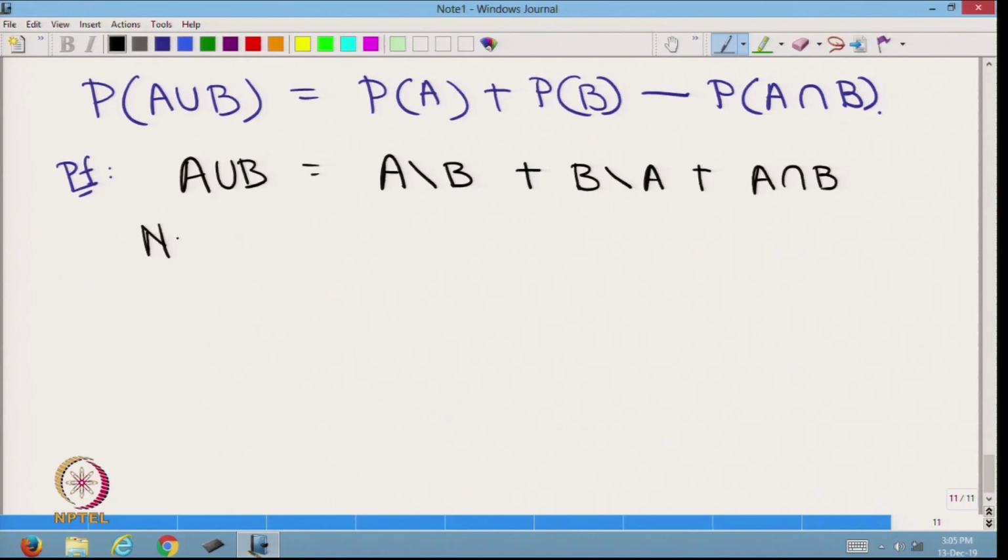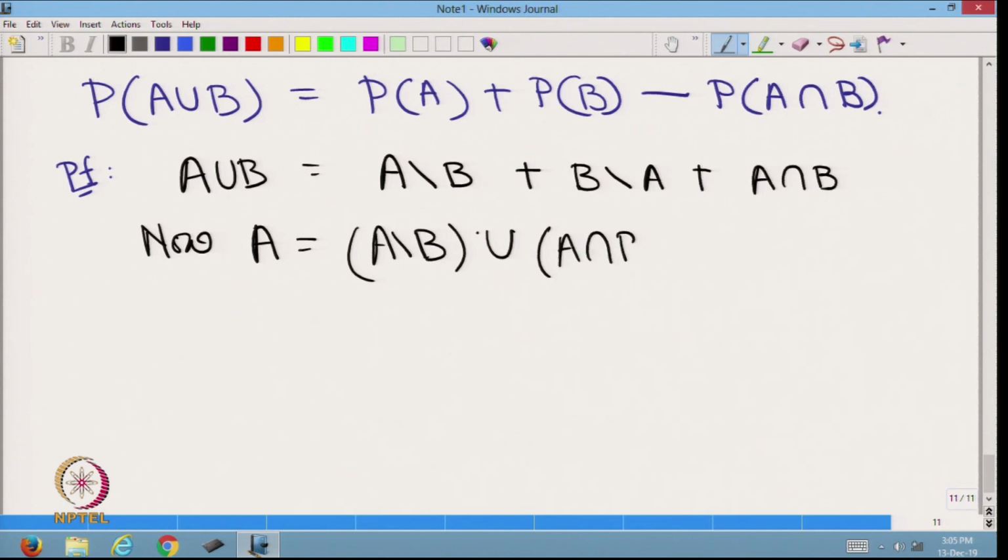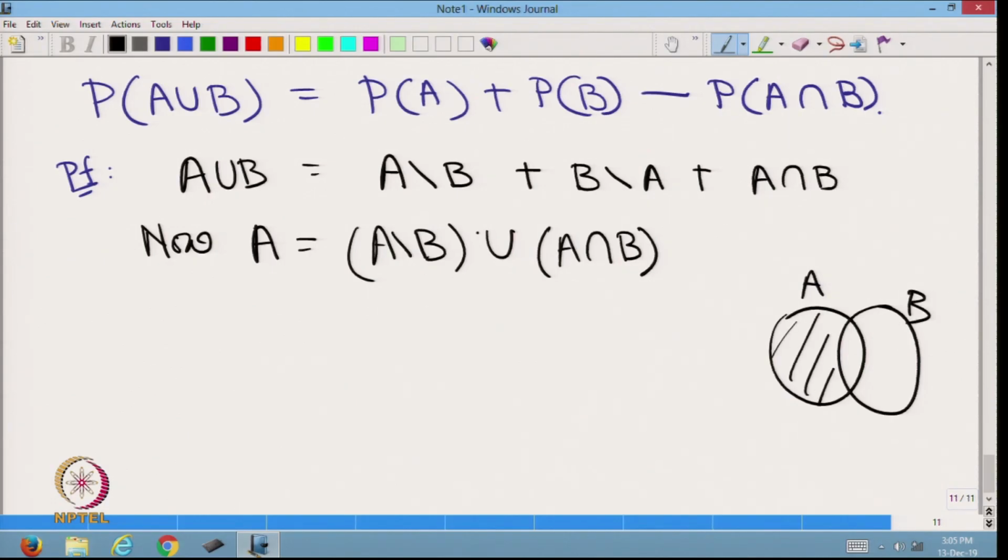Now, A is equal to A minus B union A intersection B. This is very clear. If this is my A and if this is my B, then we can say that A is equal to this union this.